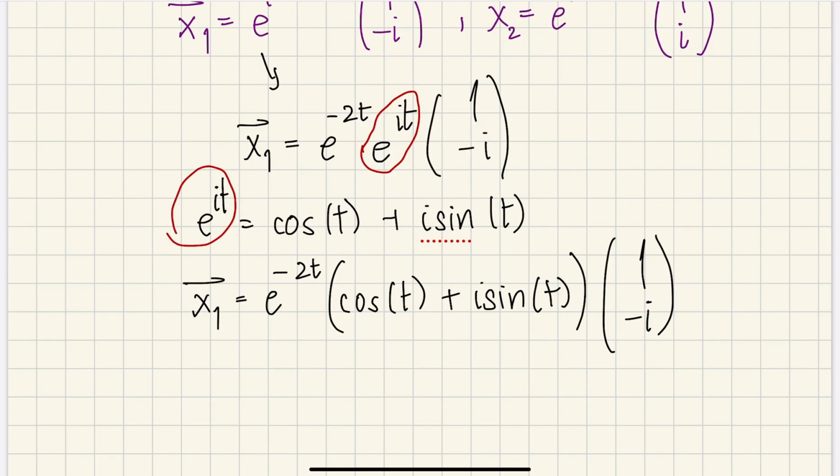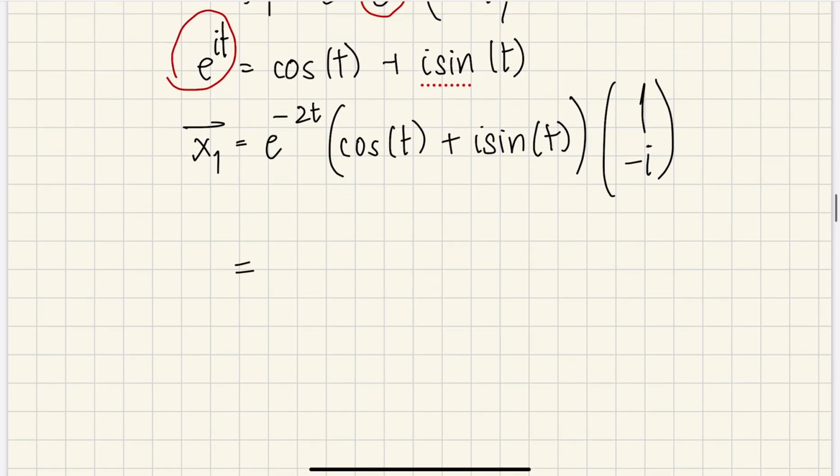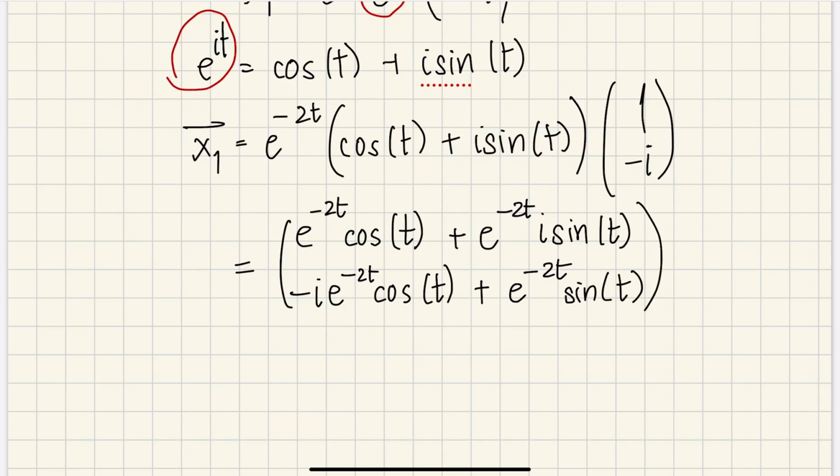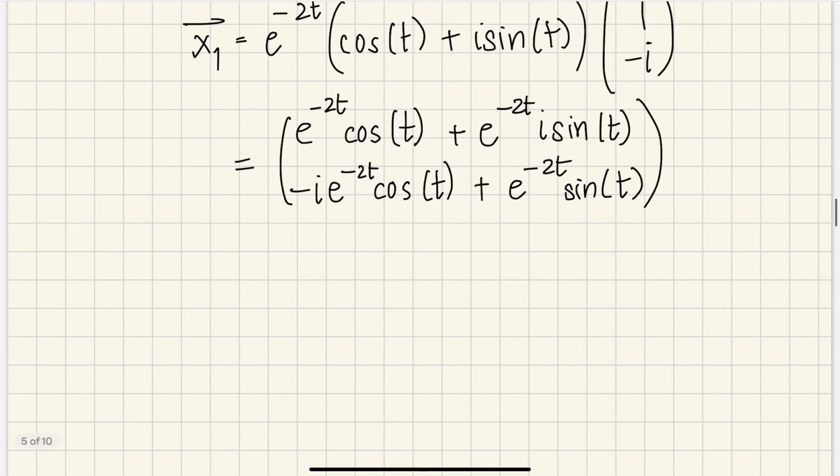Now if you just multiply throughout, you should get e to the negative 2t cosine t plus e to the negative 2t i sine t. Second row, negative i e to the negative 2t cosine t plus e to the negative 2t sine t. You will separate the imaginary and the real parts.